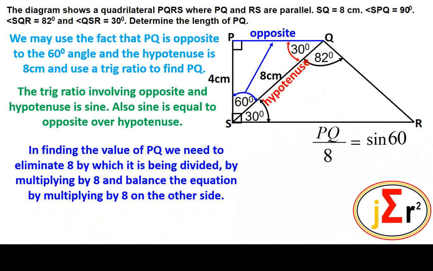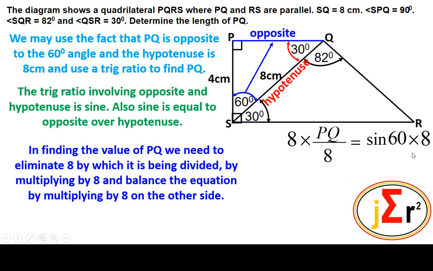In finding the value of PQ, we need to eliminate the 8 by which it is being divided, and we will do that by multiplying by 8. So we have PQ divided by 8 on the left hand side. In order to isolate PQ, to have PQ all by itself on the left hand side, we need to multiply by 8. Because we are dividing by 8 here, we will eliminate it by multiplying by 8.